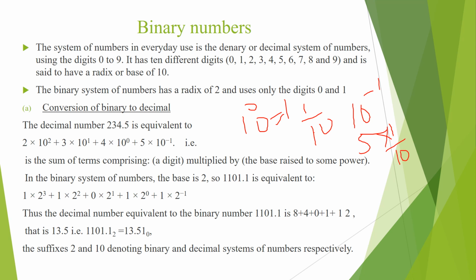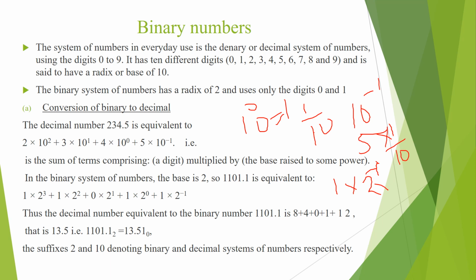The same case applies in the binary system of numbers, where we take the base 2, so the base now becomes 2. The place values are then powers of 2, such as 2 raised to power negative 1 and 2 raised to power 0, and each digit is multiplied by its place value.